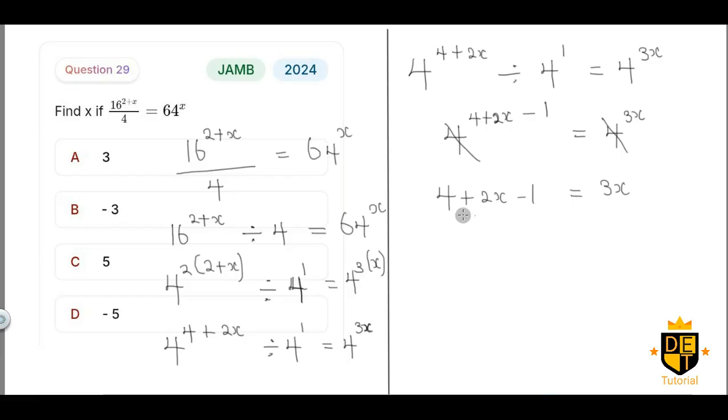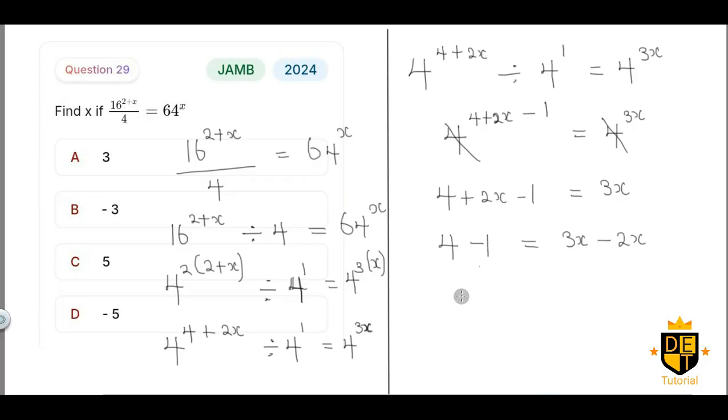Next I will collect like terms. When the 2x crosses to the other side of the equation, it becomes minus 2x.